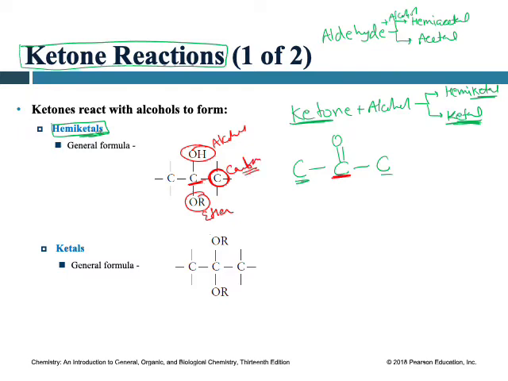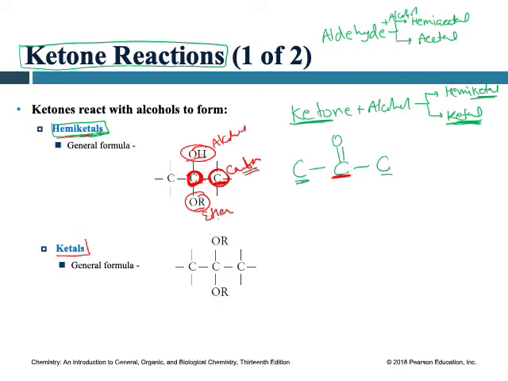But if you remember from the acetal and hemiacetal, the fourth position is normally attached with hydrogen, but in ketals it is attached with carbon, so you don't have any hydrogen attached to the central carbon over here. So this is the difference, and everything else is the same. So you have OH and ether, alcohol and ether. That's why this is hemiketal.